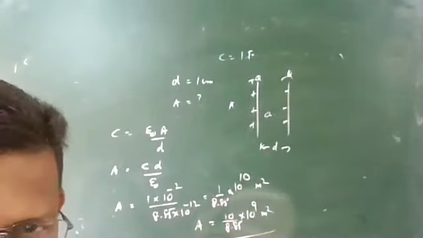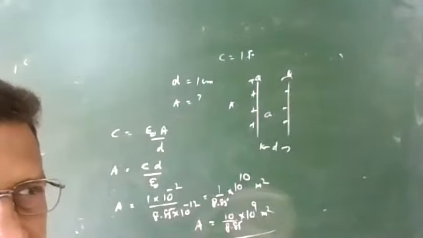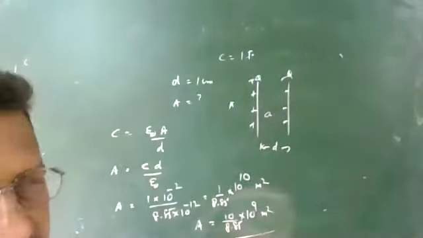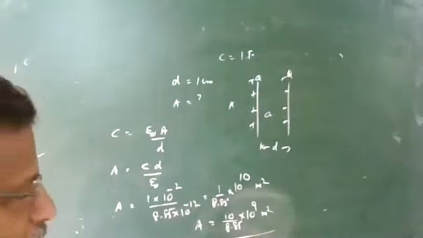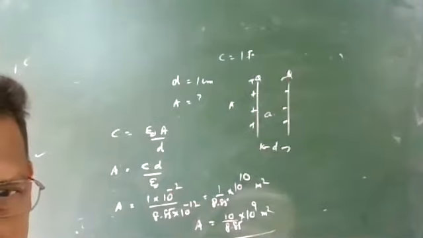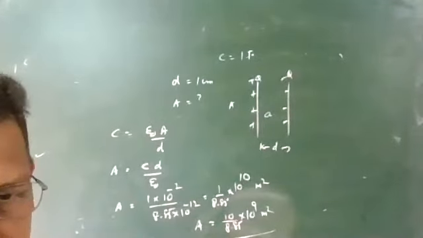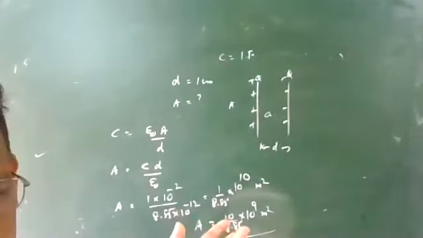You just imagine 10 to the power of 9 meters square. If you use a square plate of area 10 to the 9 meters square, approximately a square plate of 30 kilometer would be needed to get a 1 farad capacitor. So the area of cross section is very, very high.